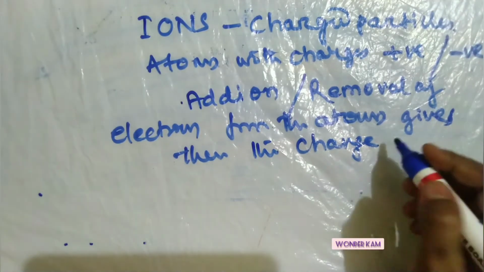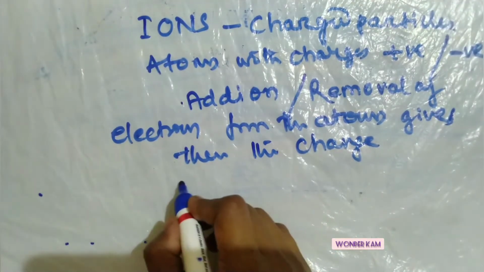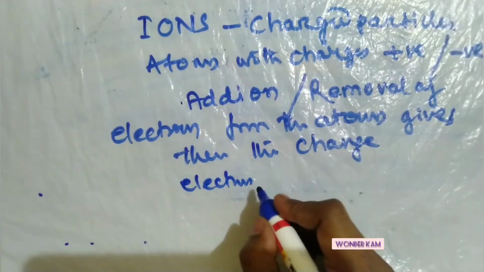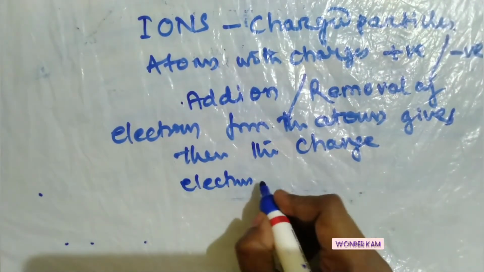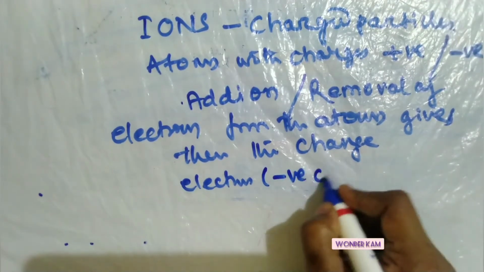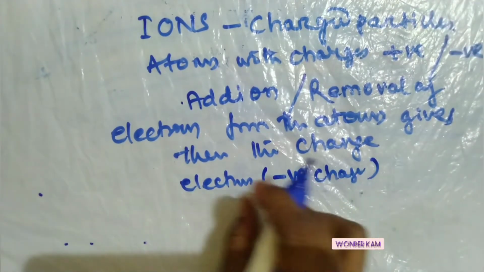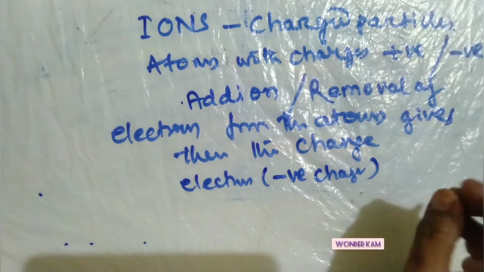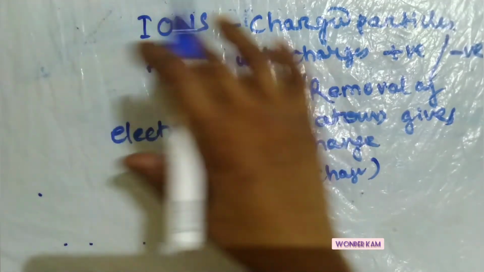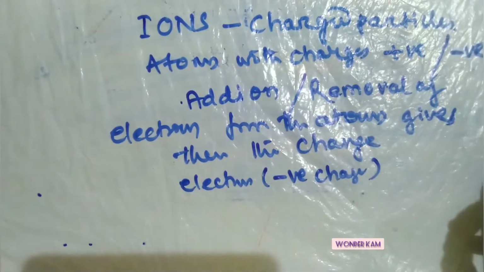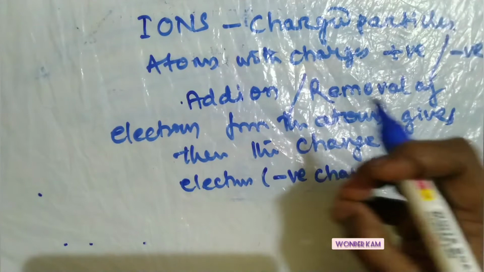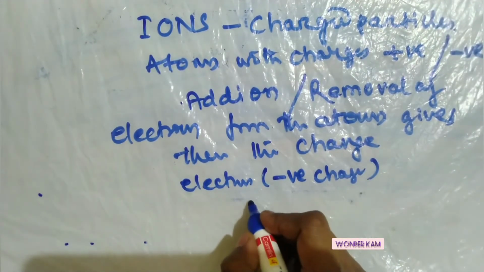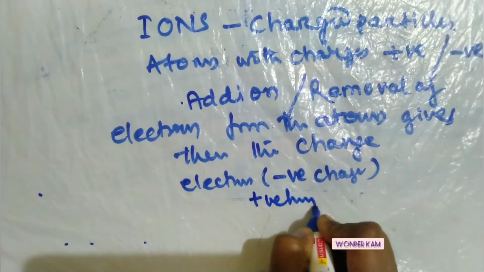I'll elaborate on how they get it. Electrons are present in the atom. Electrons have negative charge; they are negatively charged particles. You should remember that, and certain numbers of electrons are present in every atom. If we remove one electron, that means one negative charge is removed from the atom, then the atom becomes positively charged.